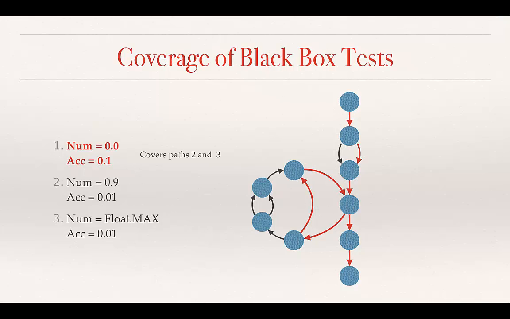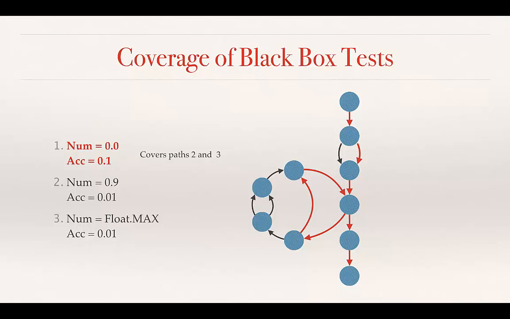In the first black box test case, we're looking for the square root of 0. It turns out that this test case covers a relatively short path. The condition in the if statement before the loop is false. We go through the loop, and the condition of the first if statement inside the loop is also going to be false, which means we only go through one iteration of the loop.